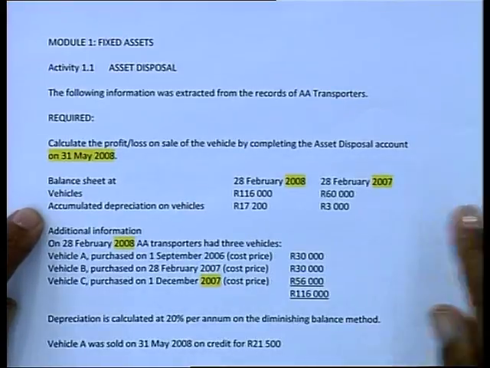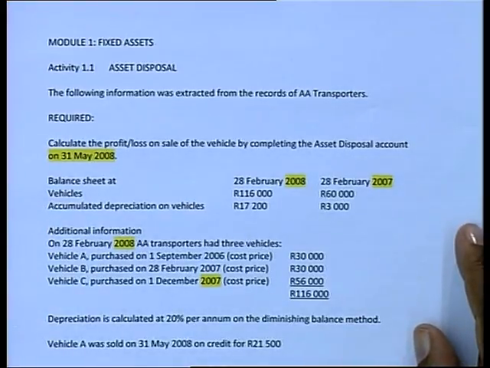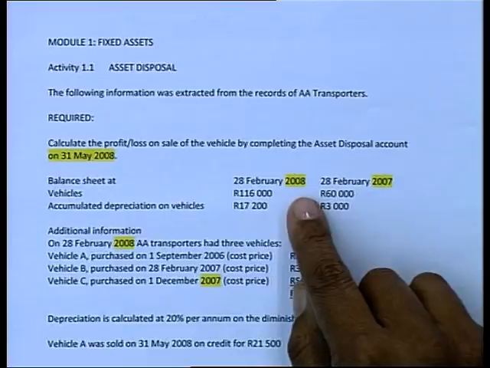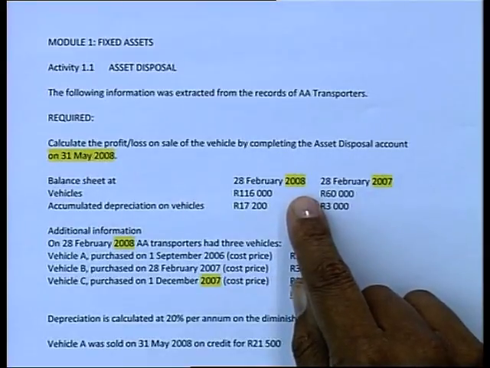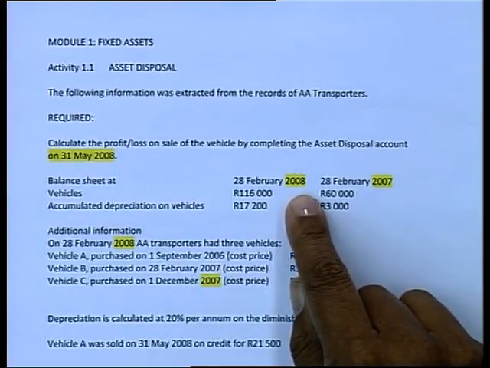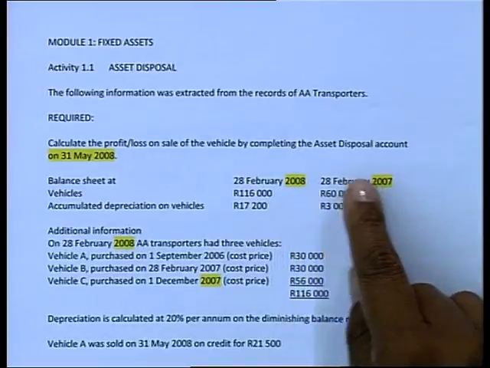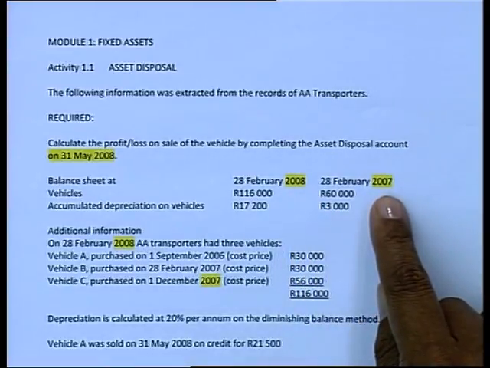Then I also want you to change two dates. I want you to change that date, which in your book says 2009, to 2008. And then please change that date to 2007. It will make sense later on when you see why I'm making these changes.